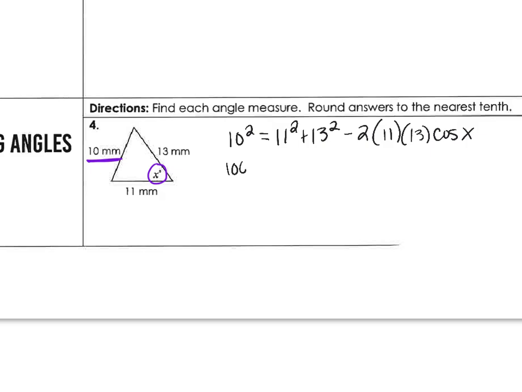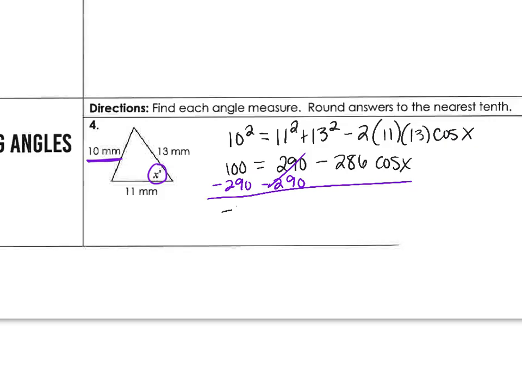Okay, so then we get all of this done. 290 minus 286 cosine of x. Okay, then we just are going to use algebra. So subtract 290 from both sides because we're trying to isolate our x value.